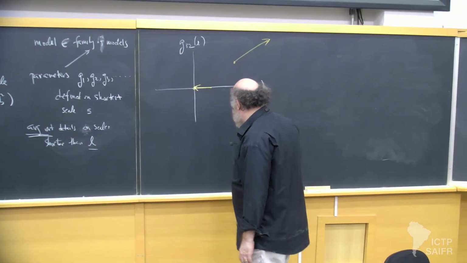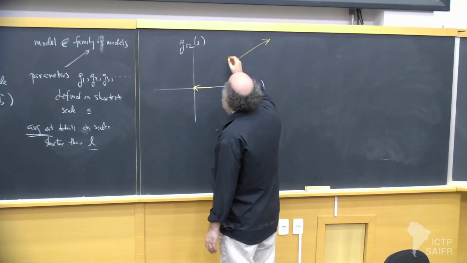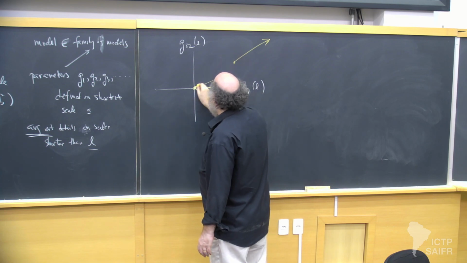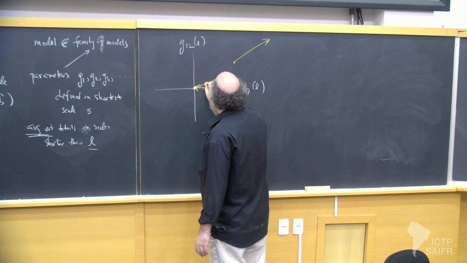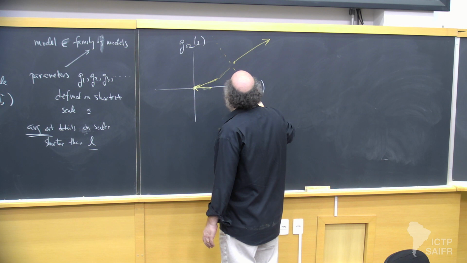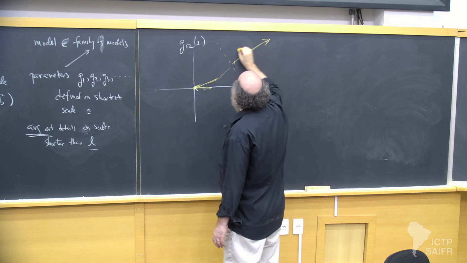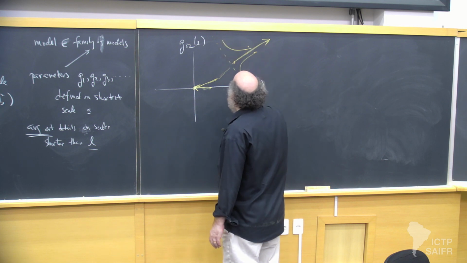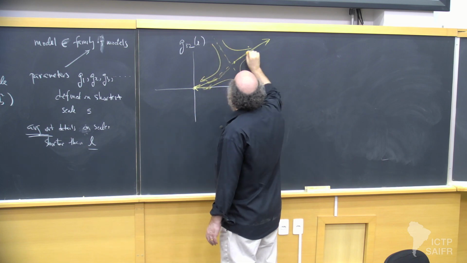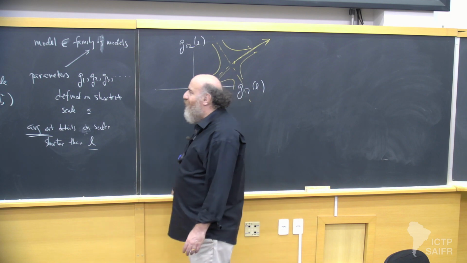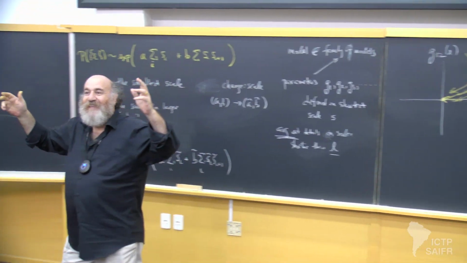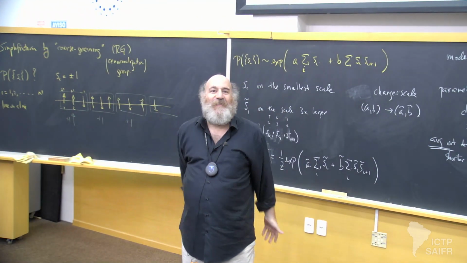So now, let's see if I can do this a little better. I could imagine that there are separatrices, right? And that this flow is a flow through the space of models. And if you want, it's like in dynamical systems, right?